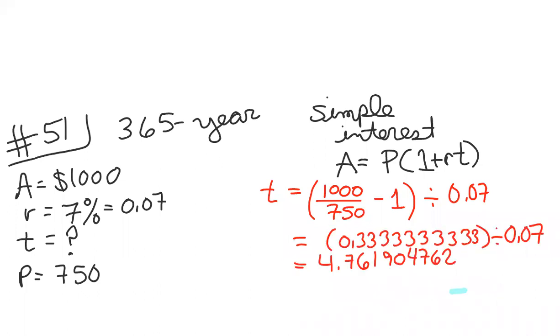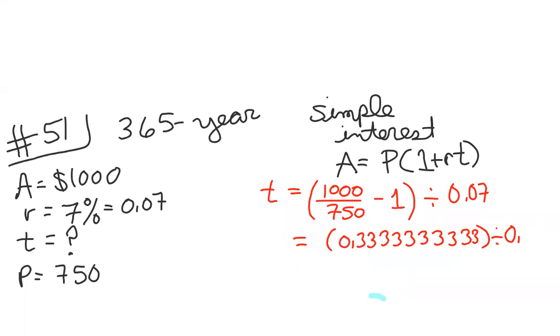So let me erase the formula here, right? This is in years, so we have 4 years. And they want to know how many days, right? So we have 0.76 of a year, but how many days is that, right? So if we take the 4 years out and leave the 0.7619 04762 and multiply by 365 days, then we'll find that to be, oh, sorry.